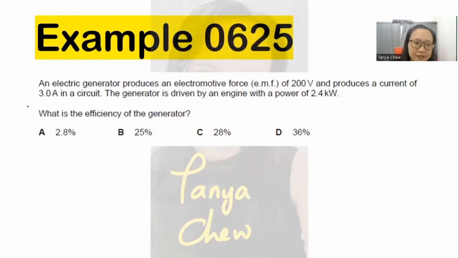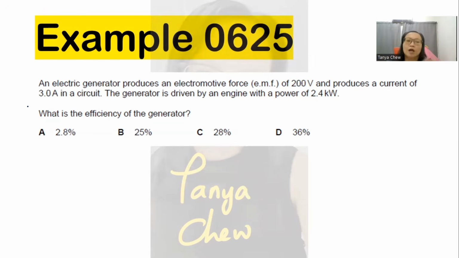For IGCSE, an electric generator produces an electromotive force, EMF, of 200 volt and produces a current of 3 ampere in a circuit. The generator is driven by an engine with a power of 2.4 kilowatt. What is the efficiency of the generator? First of all, what is the equation of efficiency? Efficiency is just a ratio. There are 3 ratios regarding efficiency.